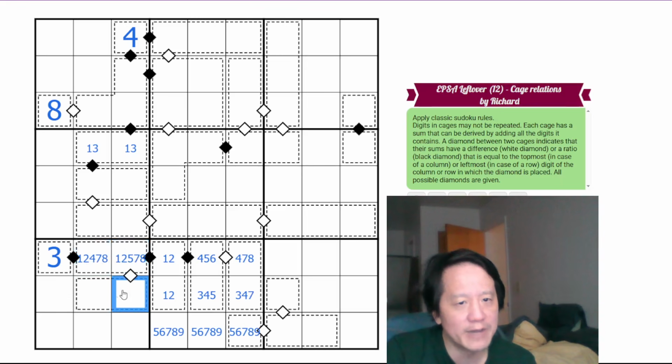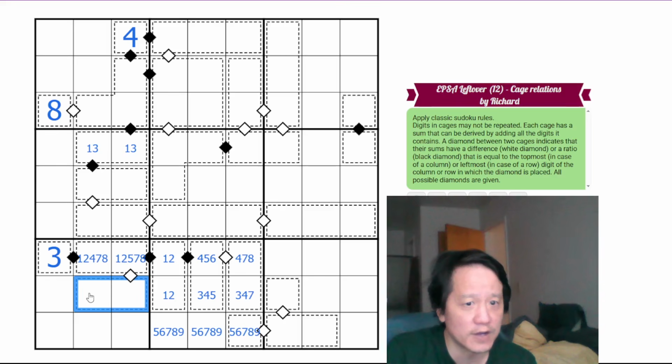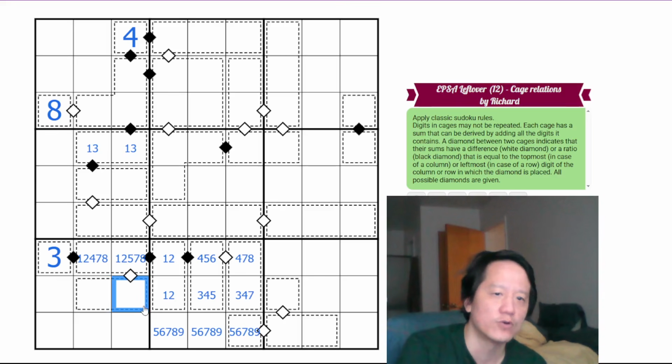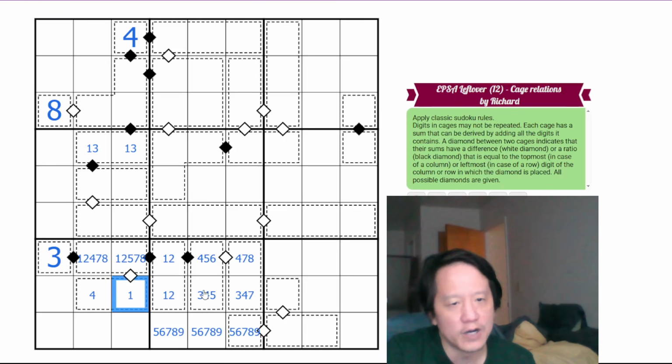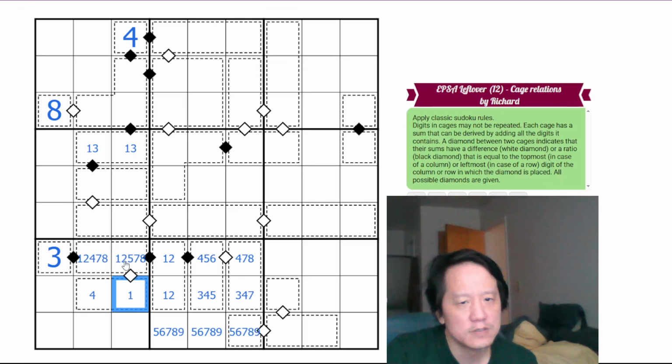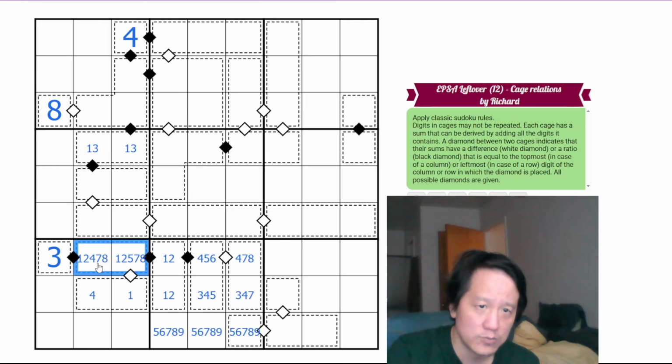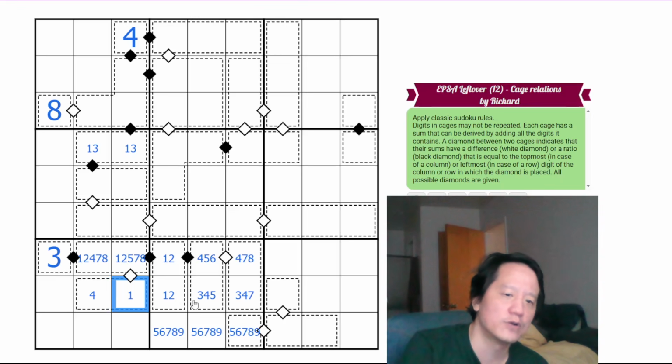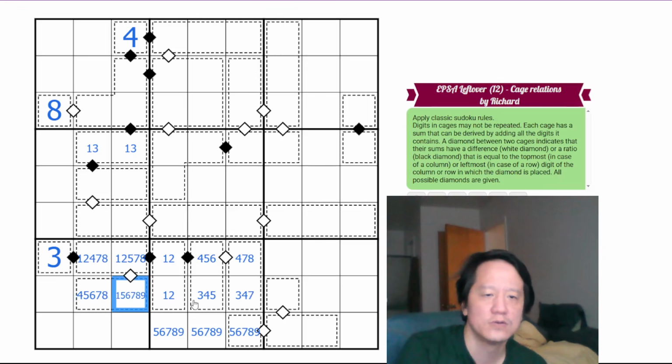So 9 minus 4 is 5, in which case this would be 1, 4. So that would be 1 and 4. Otherwise, this is a difference of 9 plus 4, which would be 13. So then you could have 4, 9, 5, 8, or 6, 7 here.